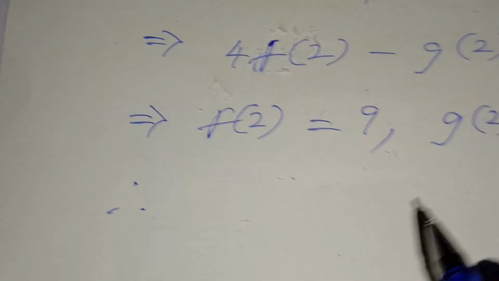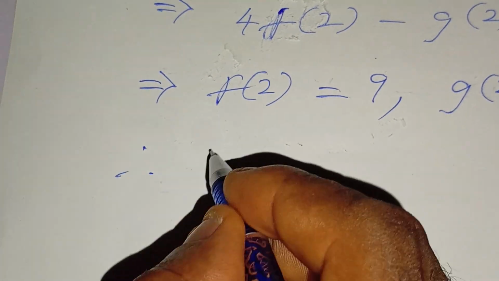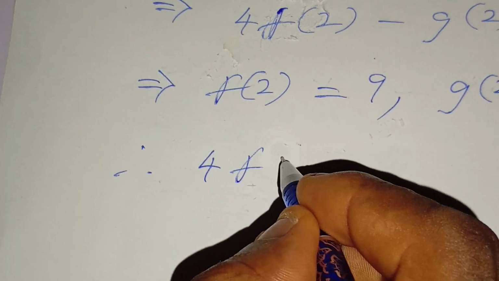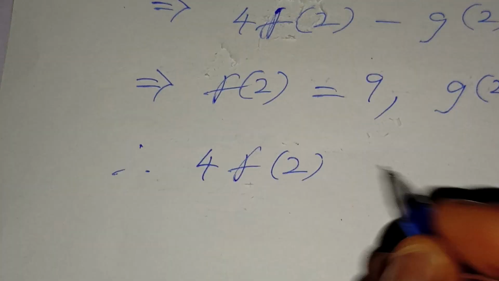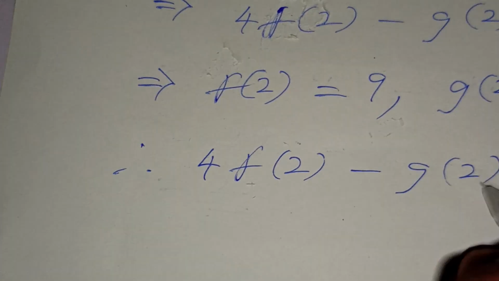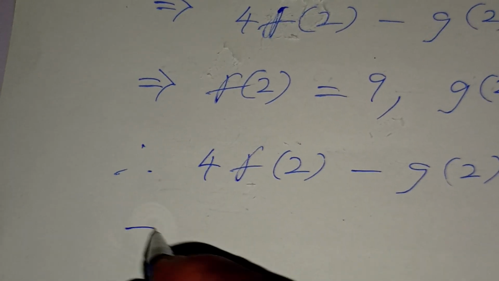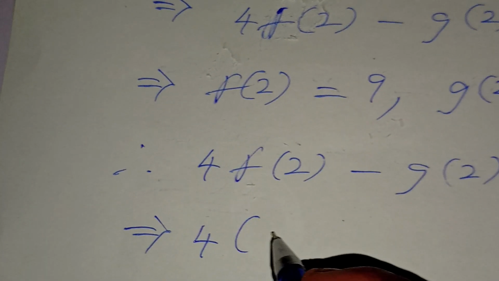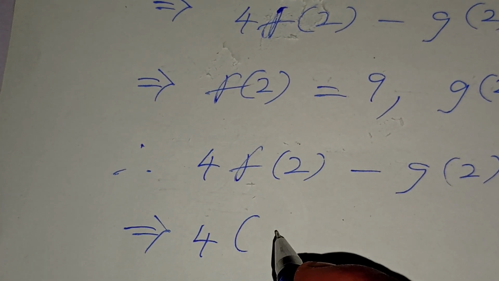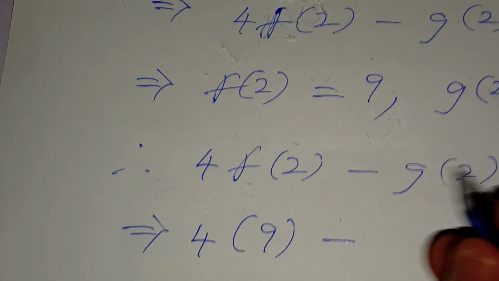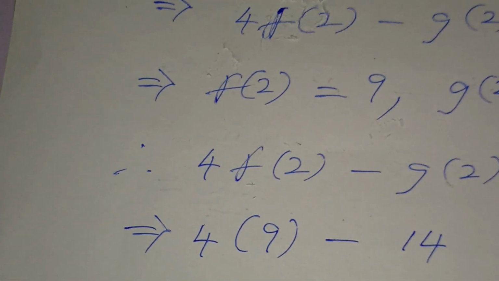Therefore, 4f of 2 minus g of 2, we'll have it this way: 4 times f of 2, which is 9, minus g of 2, which is 14.